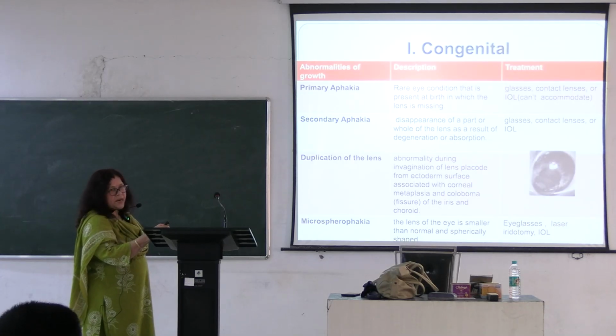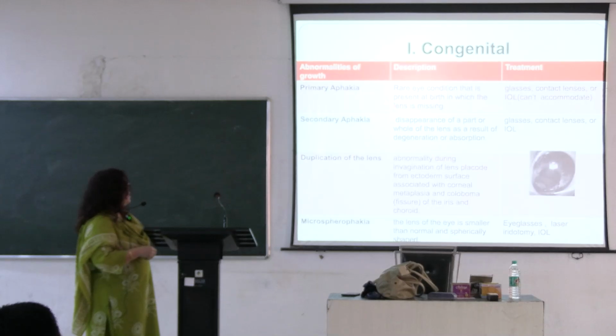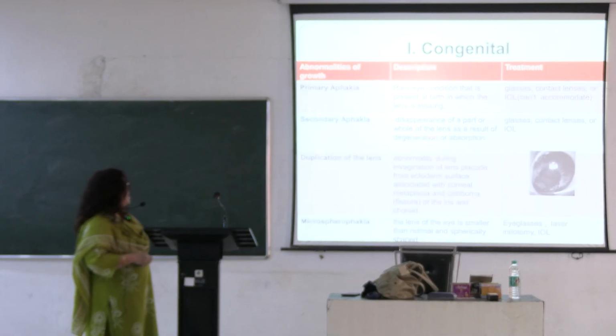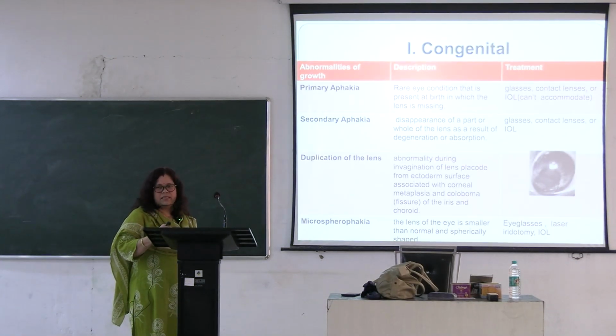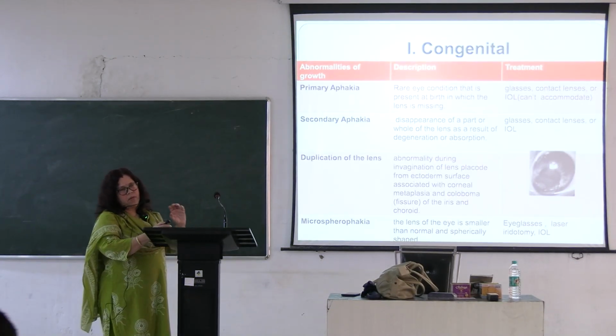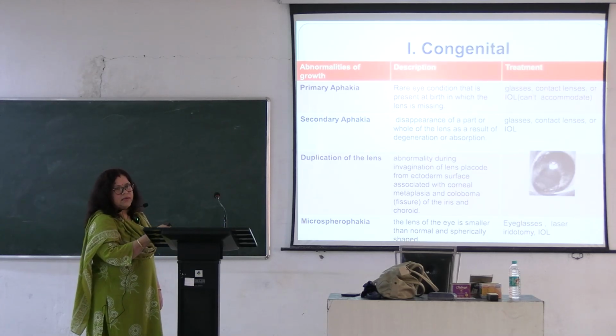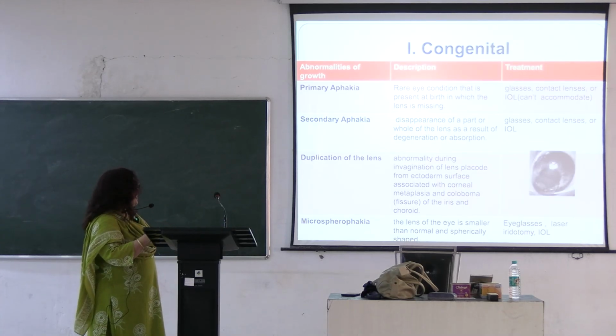Then secondary aphakia. Secondary aphakia is disappearance of part of or the whole lens as a result of degeneration or absorption. Because of some reason the lens is found but it is absorbed, that is called secondary aphakia. Then duplication of the lens.